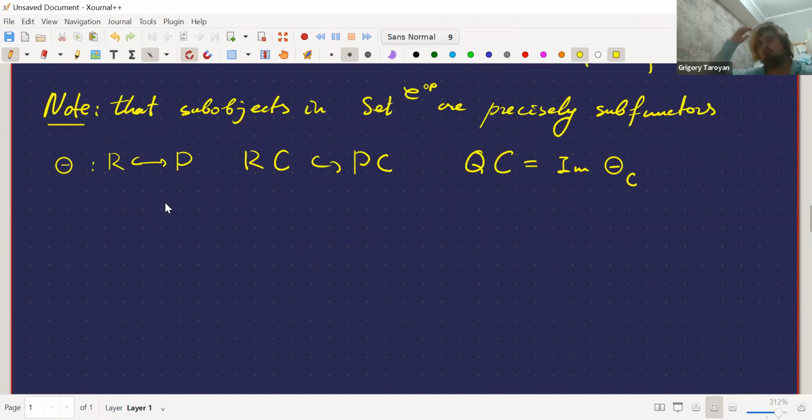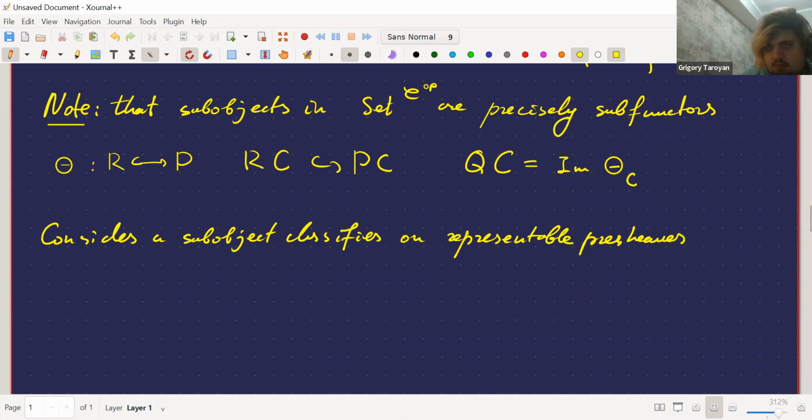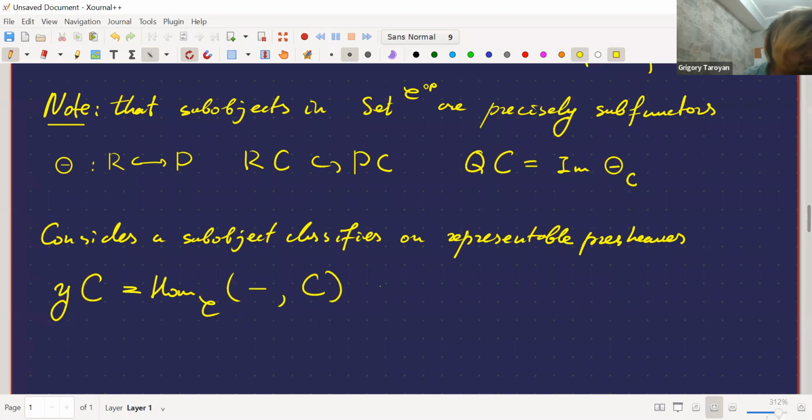Now, to understand how the subobject classifier works for arbitrary presheaf categories, it is sufficient to look at how it works on representable presheaves. So let us do this. Consider the subobject classifier on representable presheaves. That's just the Yoneda embedding of an object C, working from C op to Set.